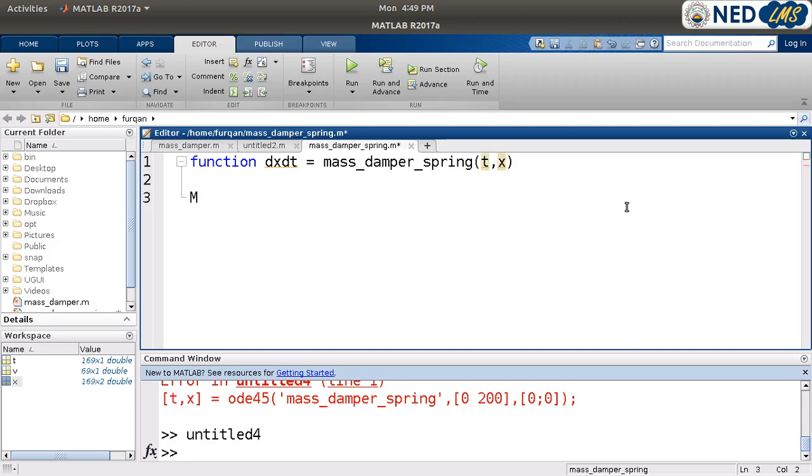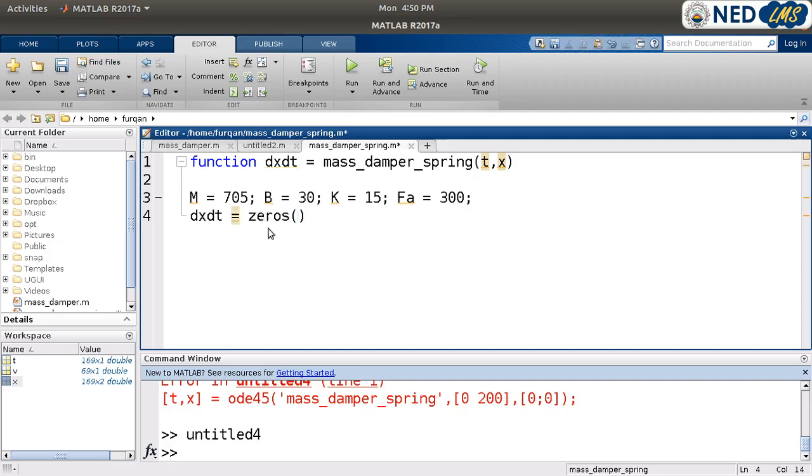Now I am arbitrarily assuming the values of m, b, k: m is 5 kg, b is equal to 30 units, and k is equal to 15 units, and the applied force is 300 Newton. So first create the column vector of two rows and one column. dxdt is equal to zeros, initializing them with zeros.